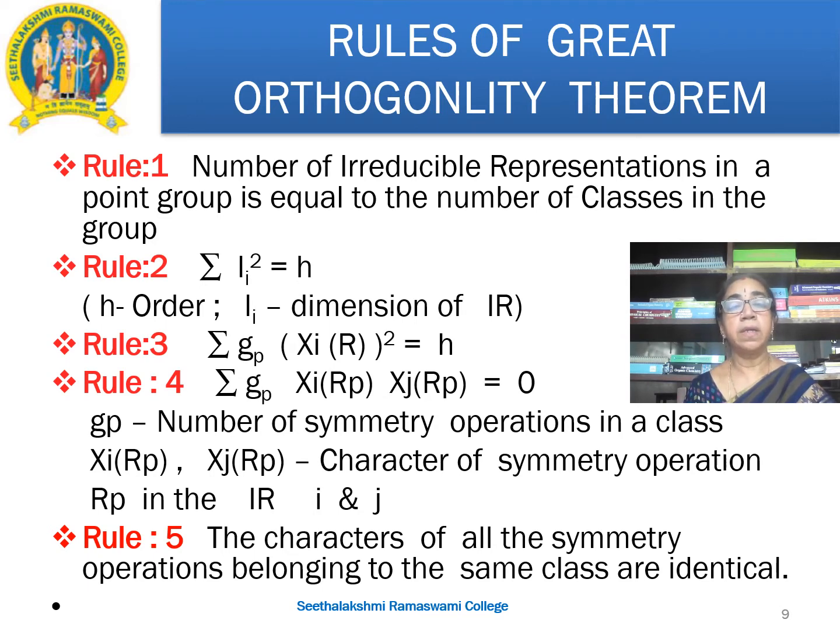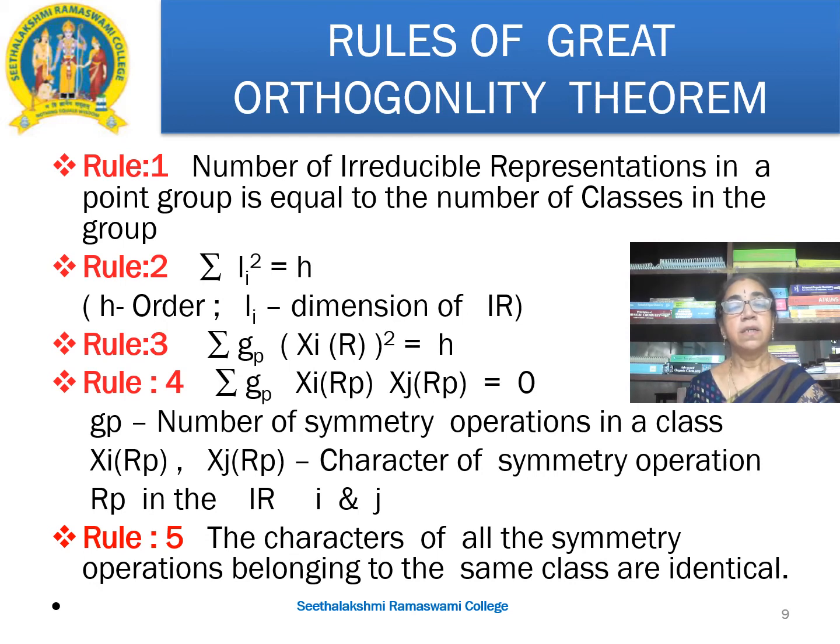Rule 2 can be stated as the sum of squares of dimensions of various irreducible representations present in the particular point group is equal to the order of the point group h. Next, rule 3. Sum of gR times xi i of R, the whole squared, equals h.